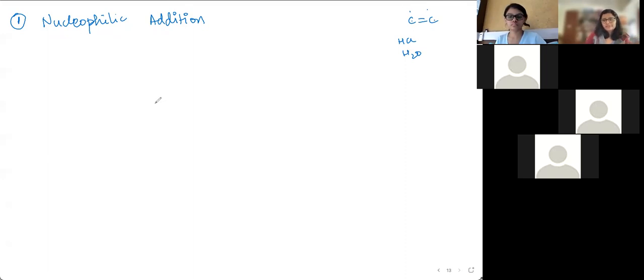In the case of aldehydes or ketones, it becomes easier because you don't have to worry about Markovnikov, anti-Markovnikov and all of that. There is C, there is O. On C it is always delta positive, on O always delta negative. So the positive part of the reagent will always go to the oxygen and the nucleophile will always go to the carbon. So it is very, very straightforward.